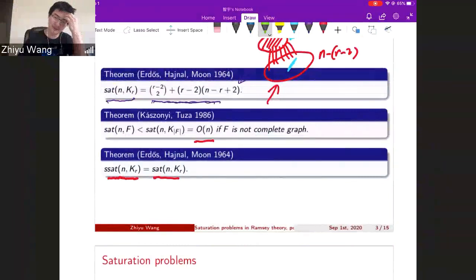Also, I'm not an expert on this, but I think the limit of the saturation number of n, F over n does not exist. So it's a little bit different from the extremal setup.